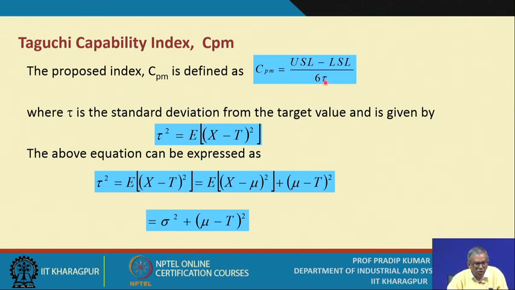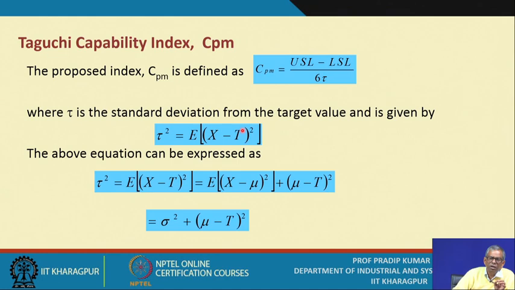Now, what is this tau? Tau is the standard deviation. We calculate the standard deviation, but with respect to the target value. Is it okay? And how do you get it? It is the general expression you are already aware of, that is, expected value of x minus t square. What is t? T is the target value for the given quality characteristic. Is it okay?